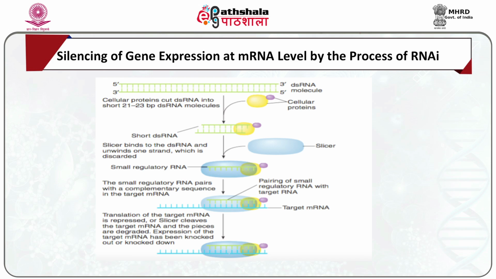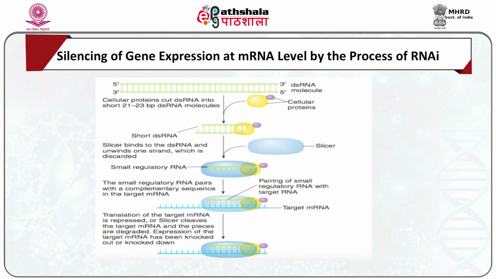Slicer, a protein, binds to the short double-stranded RNA, unwinds it, and discards one of the two RNA strands. The remaining short single-stranded RNA, along with the slicer protein, pairs with the complementary single-stranded RNA, and this new cellular RNA is the target of the RNA interference process.